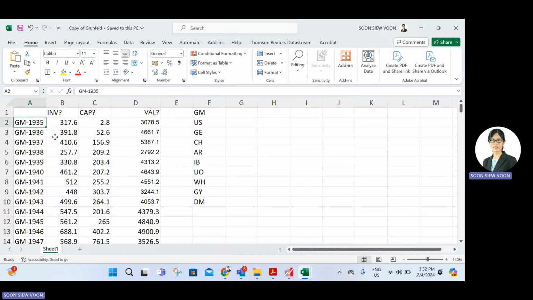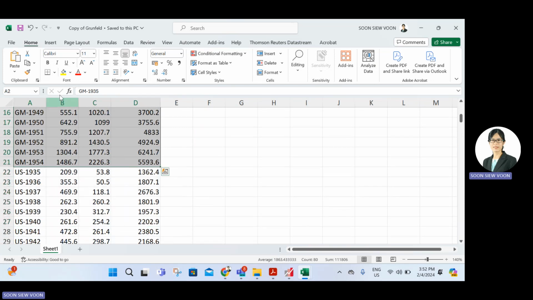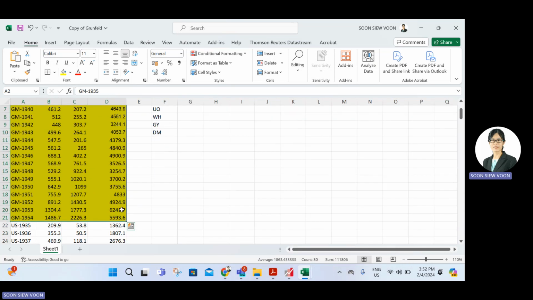You can see how I stack the data. This is one firm for these three series. If I just estimate investment, CAP and VAL for GM, this is just a time series, but now it is a panel, so a little bit different compared to the previous setting.